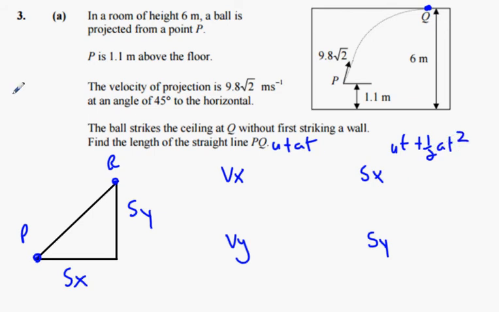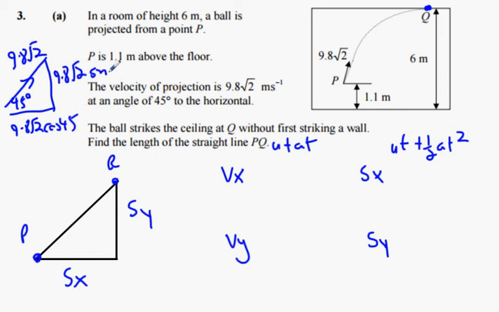Now we're going to break up the velocity, the 9.8 root 2, at a 45 degree angle. So that's going to be 9.8 root 2 cos 45, and 9.8 root 2 sine 45.